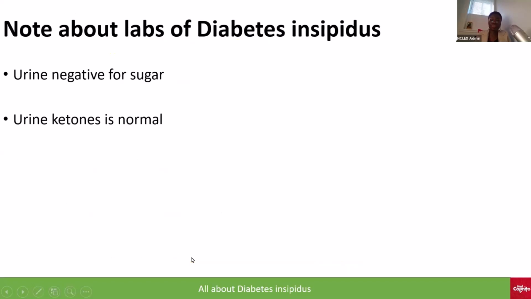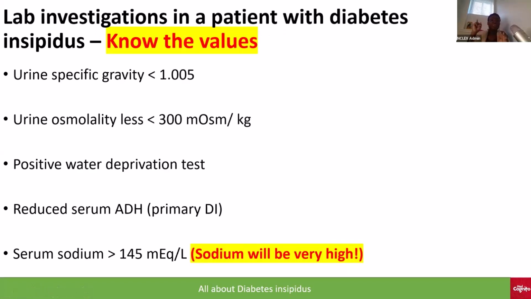So know your values. Low urine specific gravity, less than 1.005. Urine osmolality, that is very dilute urine, so less than 300 milliosmol per kg. And the positive water deprivation test, then reduced serum ADH in case of a primary diabetes insipidus.